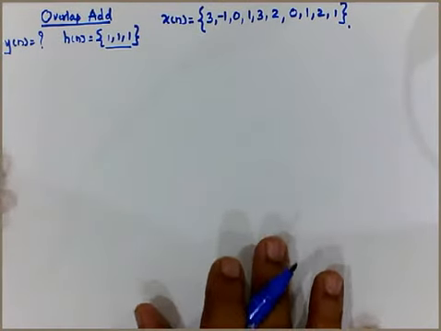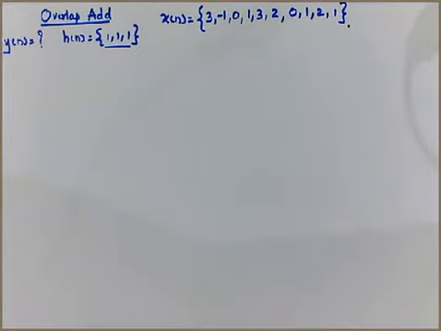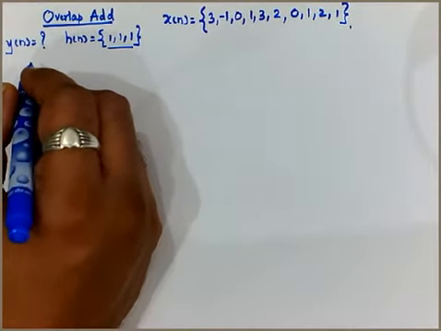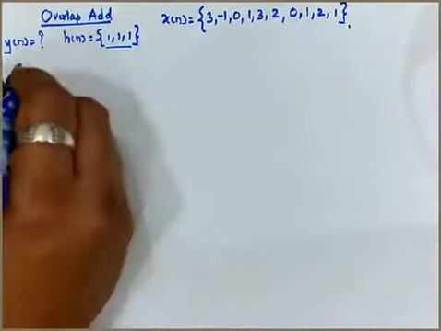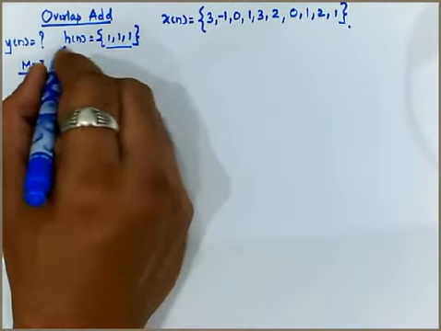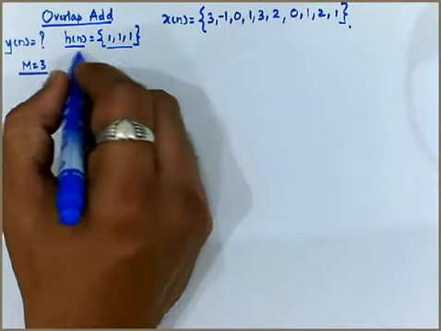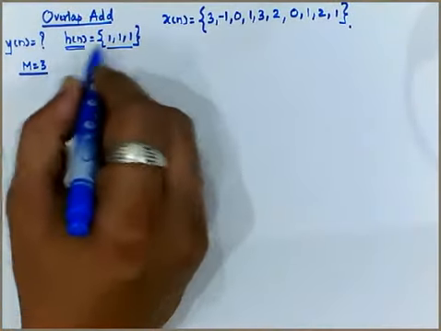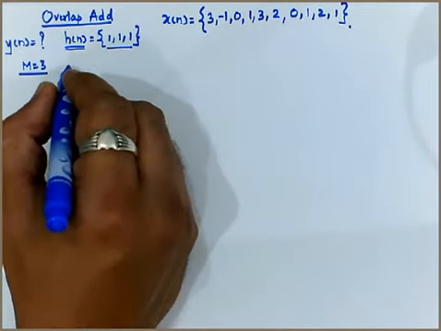This is the same example which we have seen in the earlier class. For simplicity only we are taking the same example because we want to cross check whether it is giving the same output or not. So let's say the overlap add method we are applying for this sequence. We will start with M equal to 3, that can be easily identified from h of n, since the number of samples in the filter h of n is 3, so M is equal to 3.